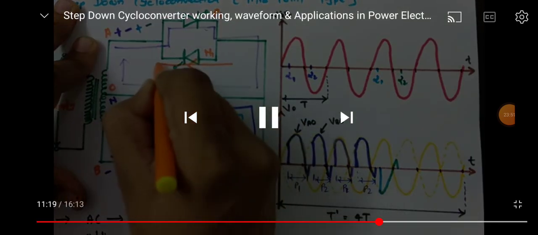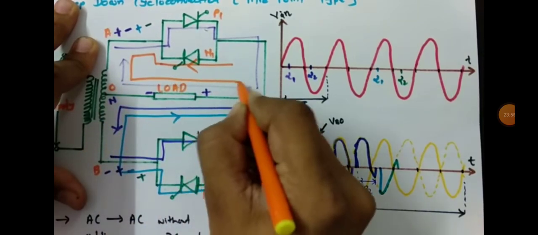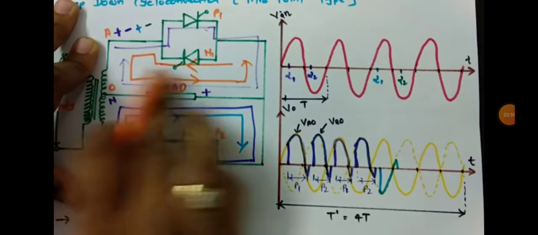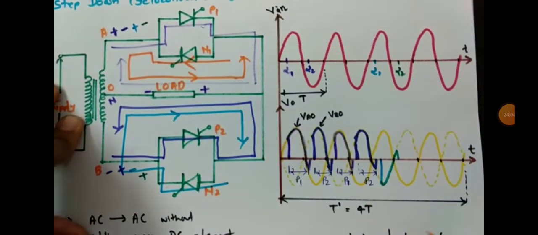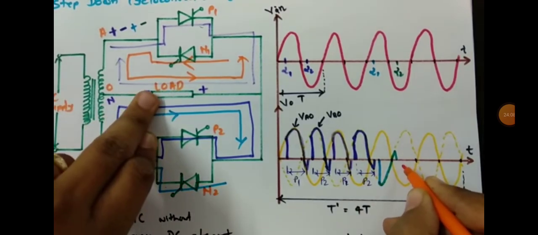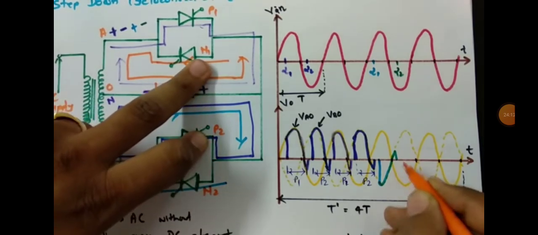So in this direction current will appear, and in this loop current will flow. The current direction is negative to the previous direction. So again one can say the negative half will appear because N1 is getting triggered.